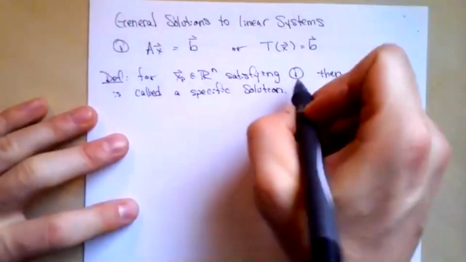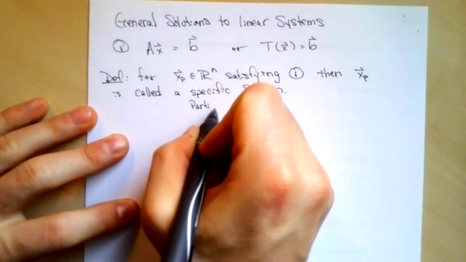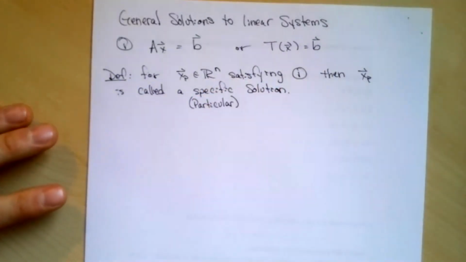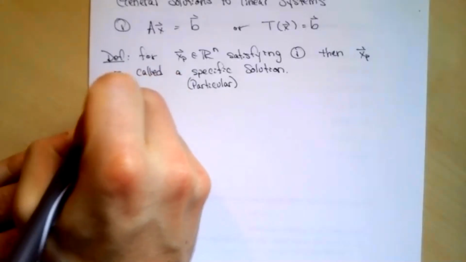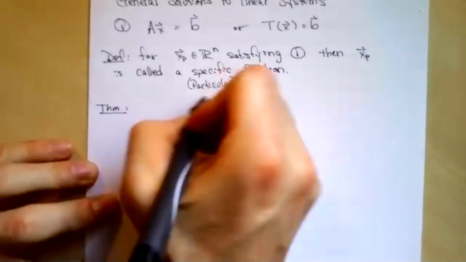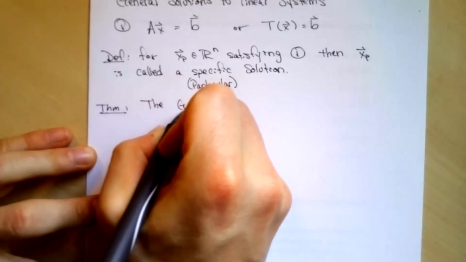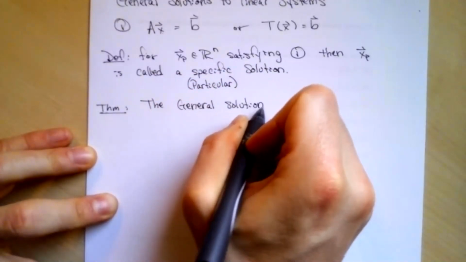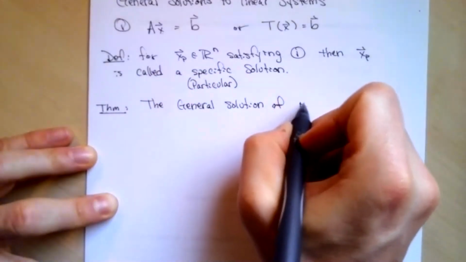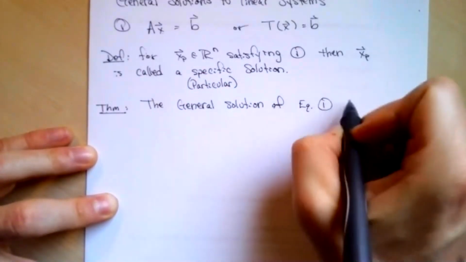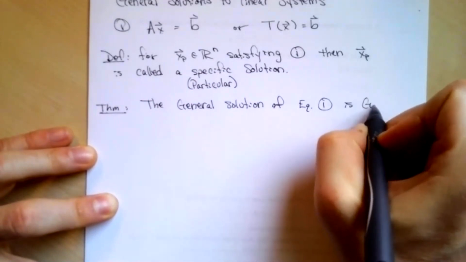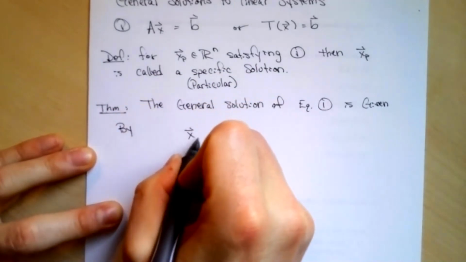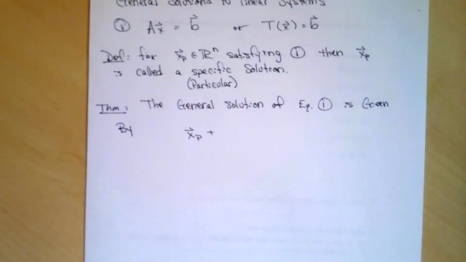I think the book might call it a particular solution. The general solution of equation 1 is given by, this is a little bit different notation than what the book uses.